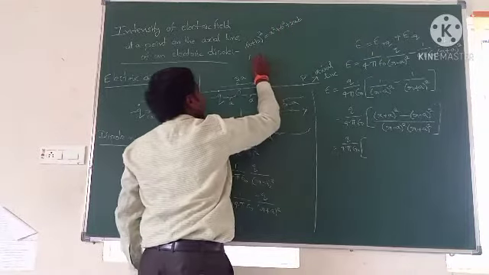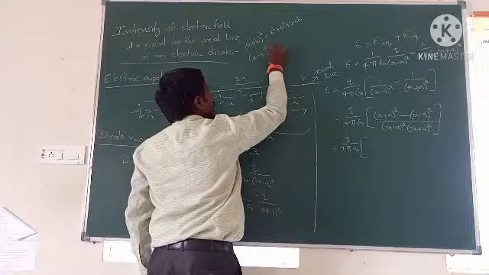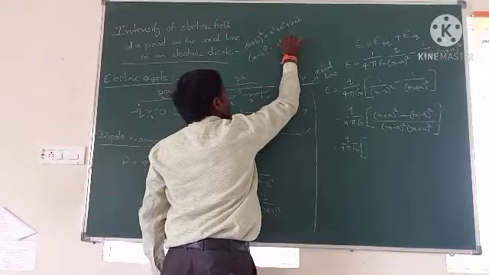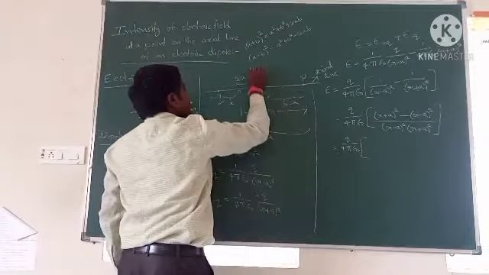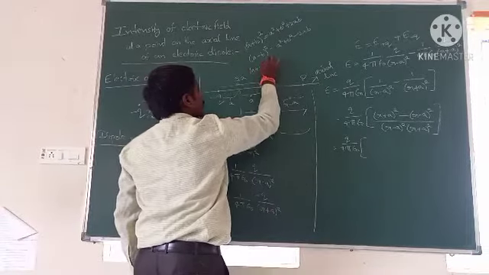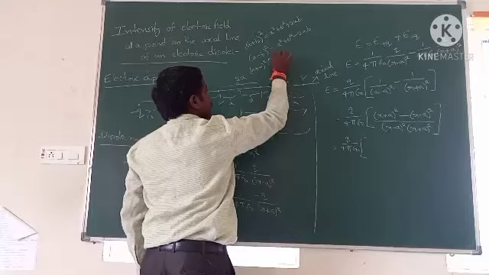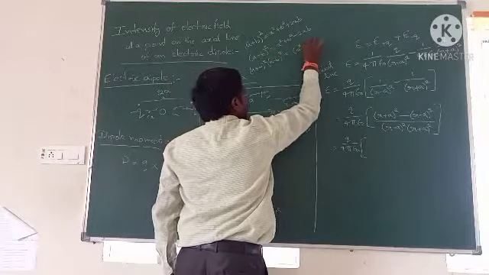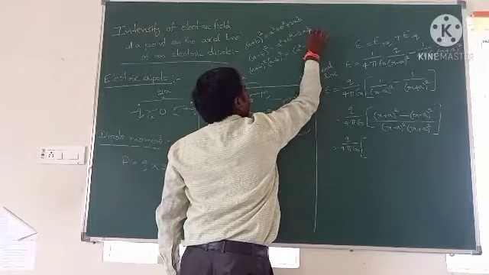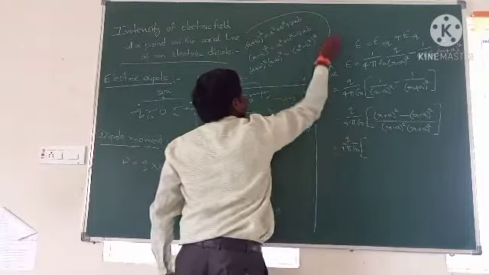And similarly, (a minus b) whole square equals a square plus b square minus 2ab. And another formula is (a plus b) whole square into (a minus b) whole square equals (a square minus b square) whole square.